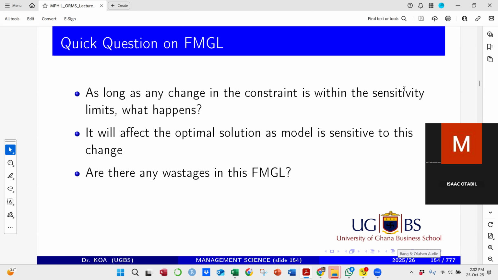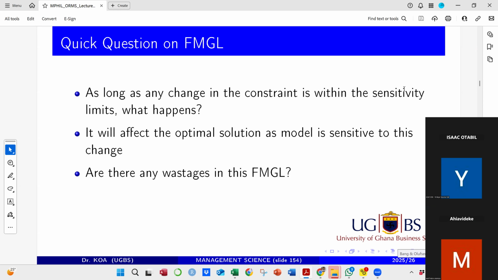Matthew. Look, I would say there are no wastages because the formula is binding. What formula? Okay, let's go to another. Isaac.